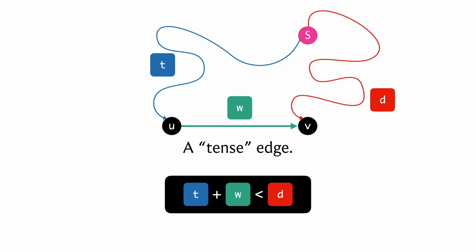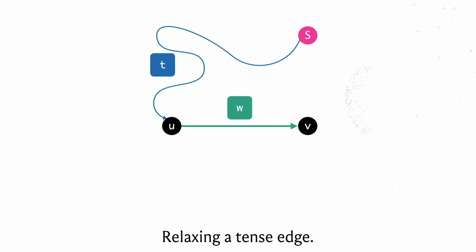So we're going to put that on the record by relaxing this edge, and what it means to relax this edge is to essentially get rid of the information that we had so far about V and replace it with this updated information about this new and better path from the source to the vertex V. So the distance of V, the D array, is going to reflect this new value T plus W.